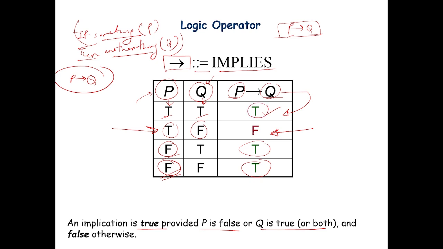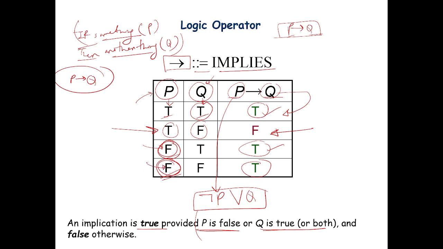You can write this implication as not P or Q. Whenever P is false, the implication is true.